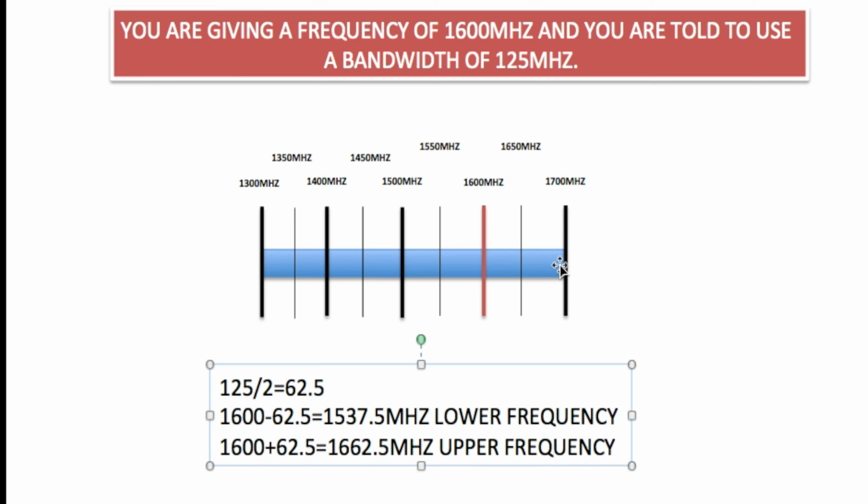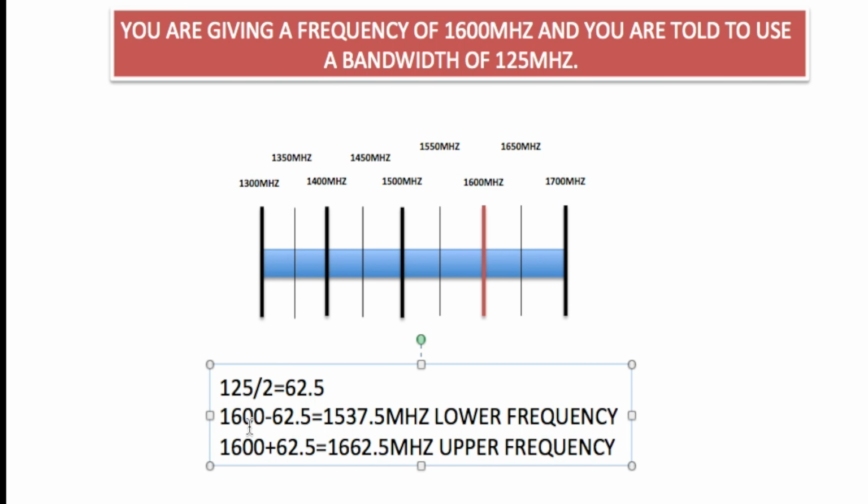So how to do it accurately? The first thing we do is take our bandwidth of 125 megahertz and divide it by 2. So we get 62.5. In order to calculate the lower frequency, we subtract that 62.5 from the 1600 megahertz.